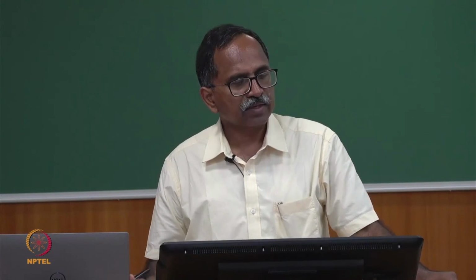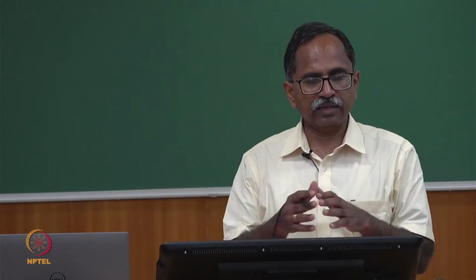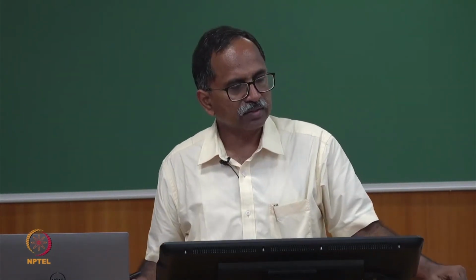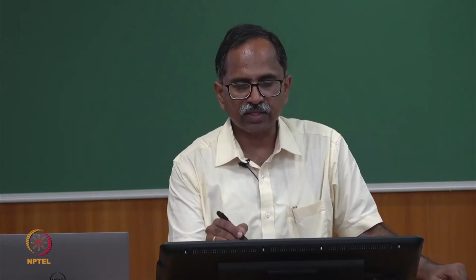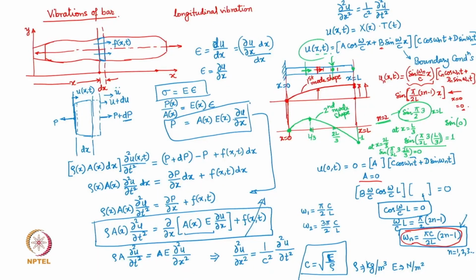So the bar here is again not discretized into lumped elements, but is treated as a continuous distribution of the mass property, and the cross-sectional dimensions are also continuously changing, and so we got the response as a continuous function in x and time. So that's how the response has been obtained.